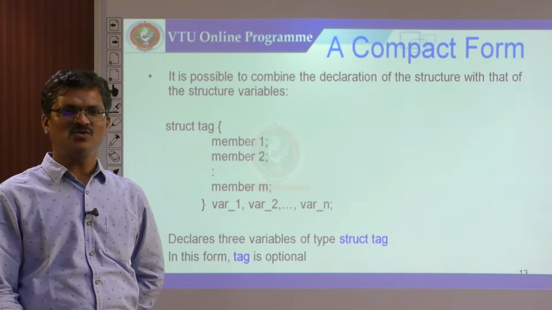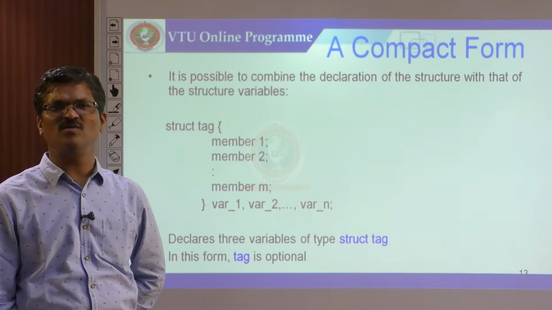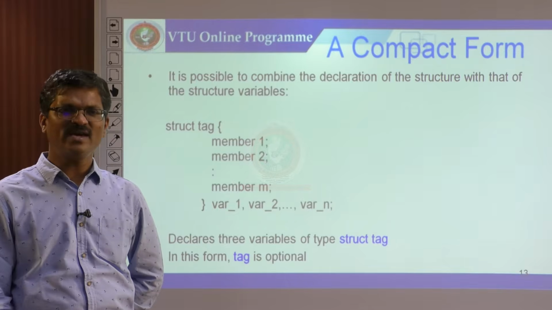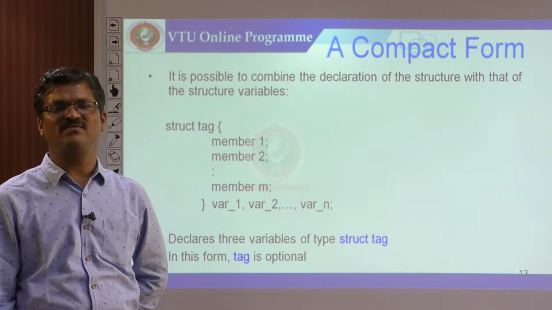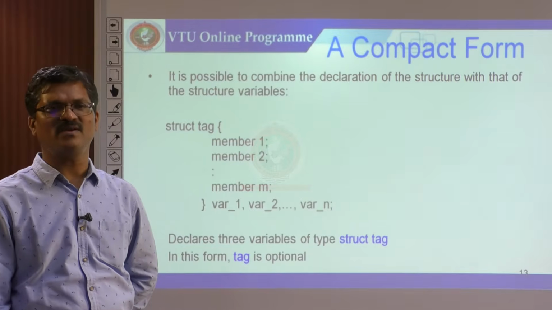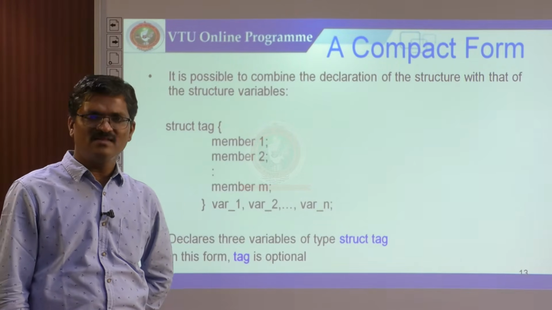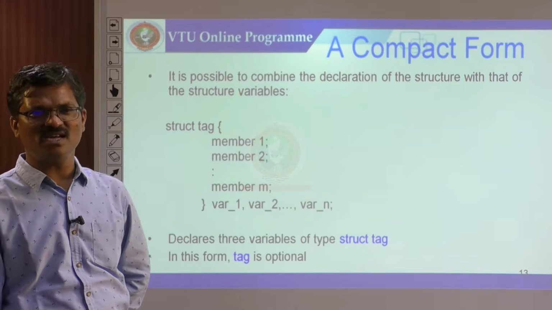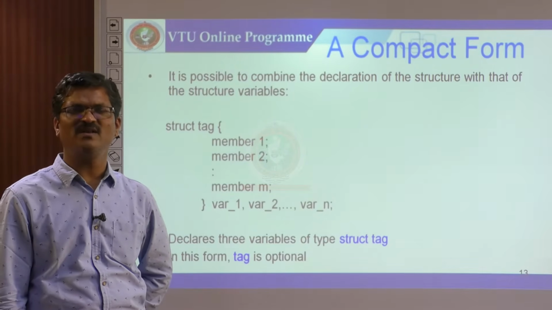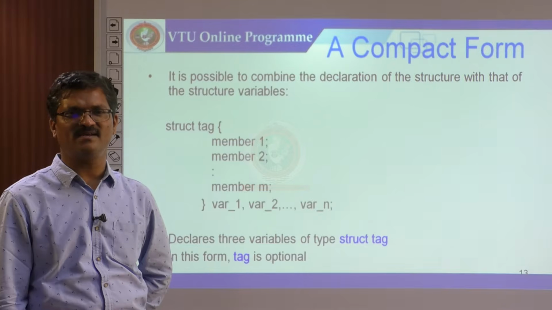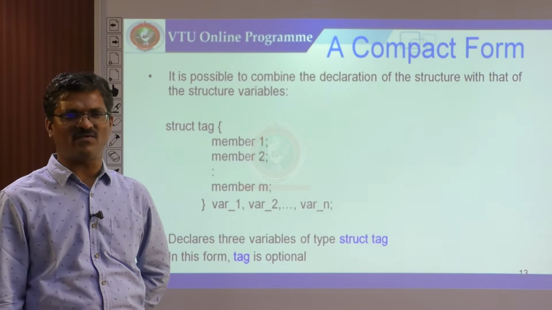So, instead of writing struct tag variable 1, variable 2, variable n separately, we can declare the variables in the structure definition itself. This definition declares the three structure variables, variable 1, 2, variable n. This is a kind of compact form.